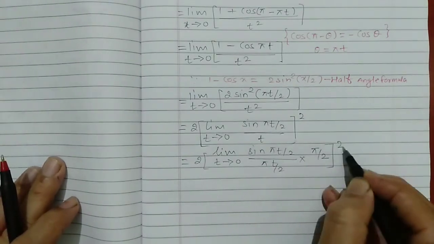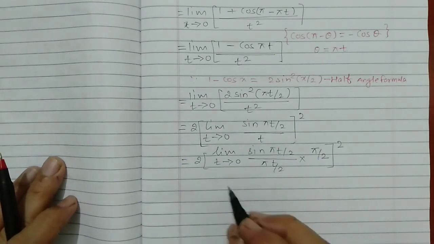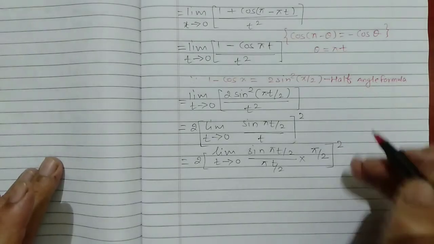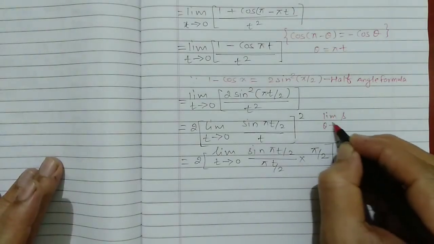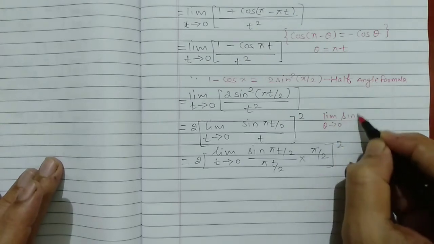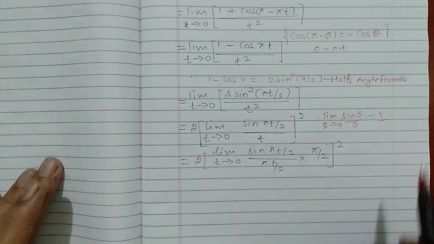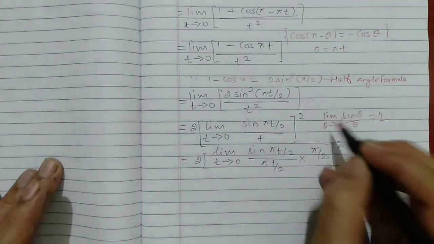Because of the definition of limit sin theta, limit theta tends to 0, sin theta by theta is equal to 1, provided that theta is fully present in the denominator.